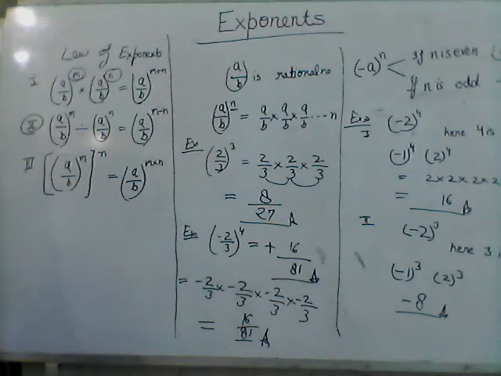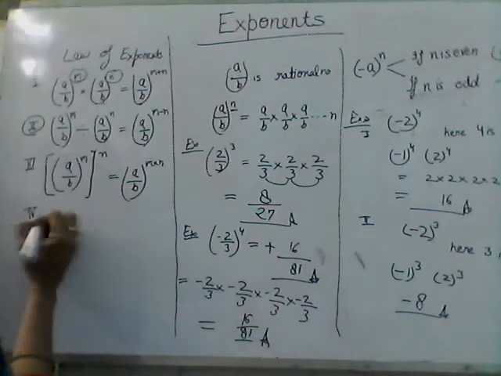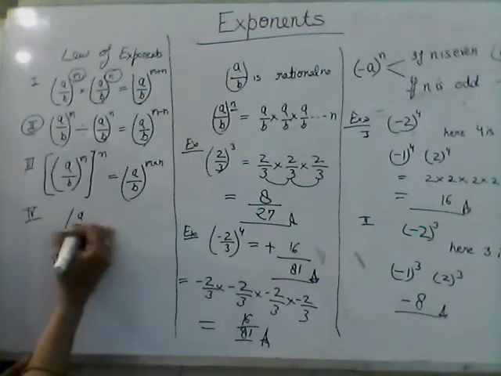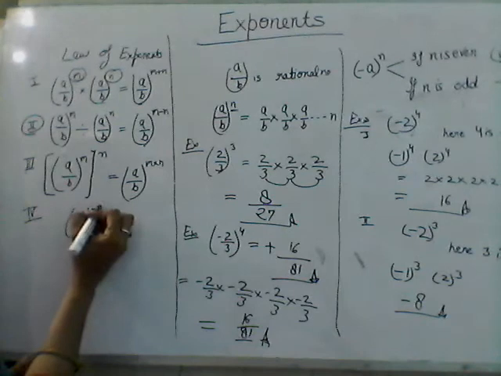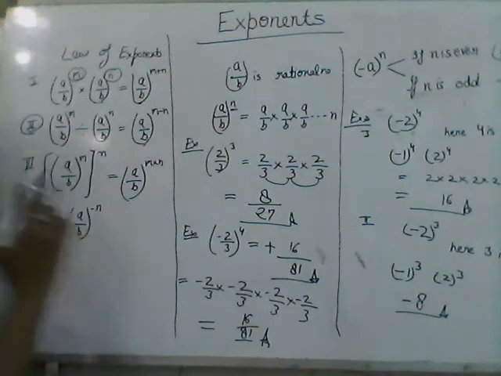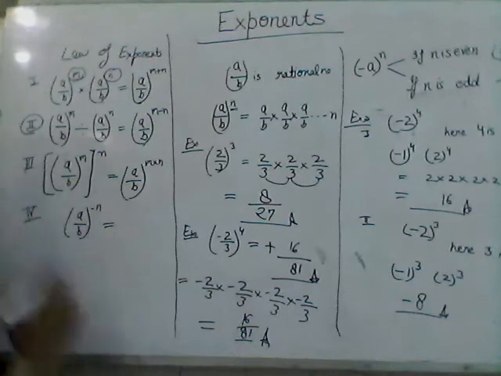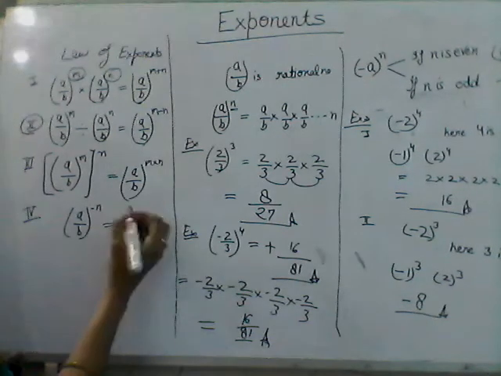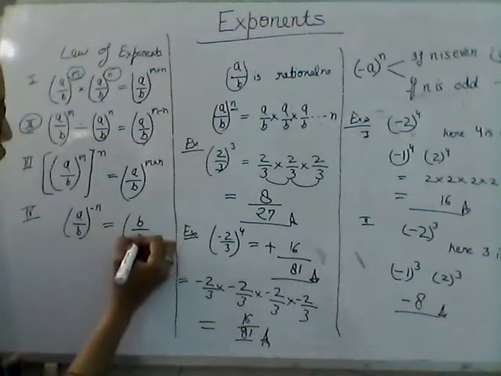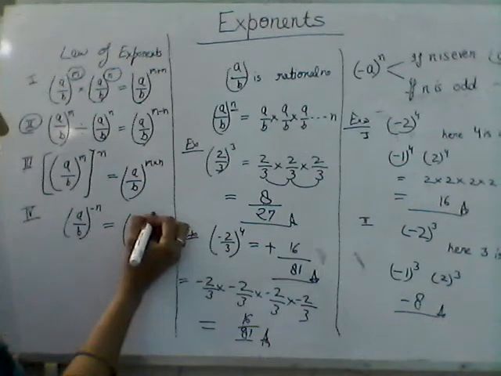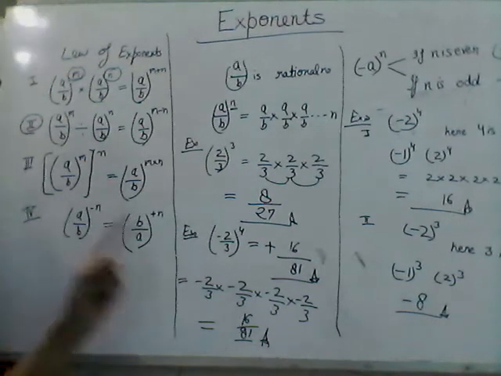Now the fourth law is: if a upon b to the power minus n, here the power is minus n, then reverse the value, numerator to denominator and denominator to numerator. Now we get b upon a to the power n, and here the power is positive.